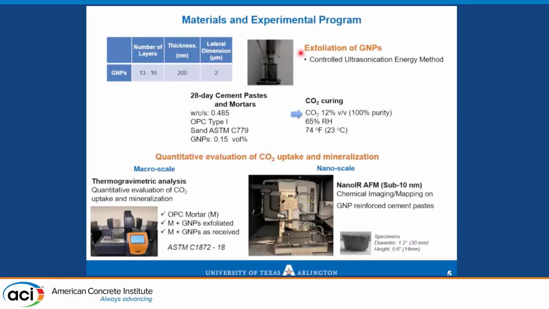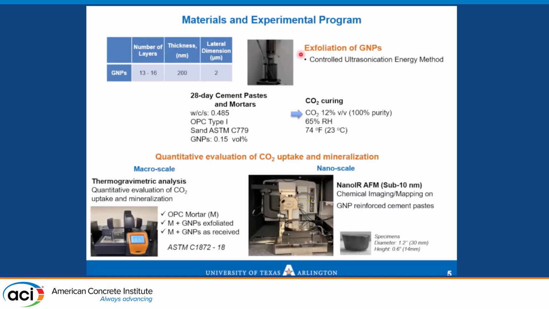So, in this study, we prepared both cement pastes and mortar reinforced with the exfoliated graphene nanoplatelets, and we evaluated the carbonation processes in these GNP reinforced matrices. So we cured our specimens using a CO2 environmental chamber with 65% relative humidity and 74 degrees Fahrenheit temperature.